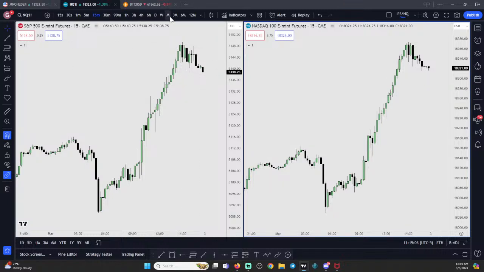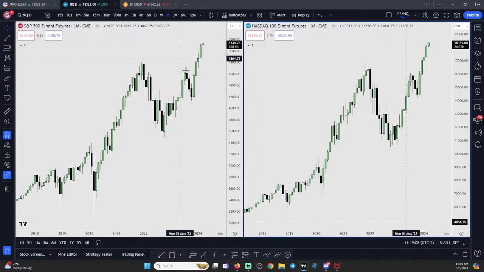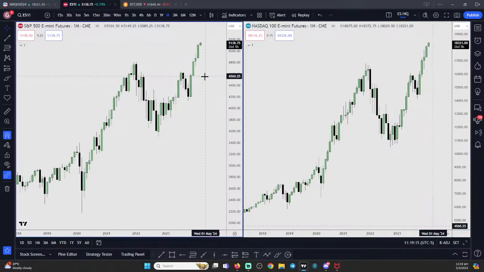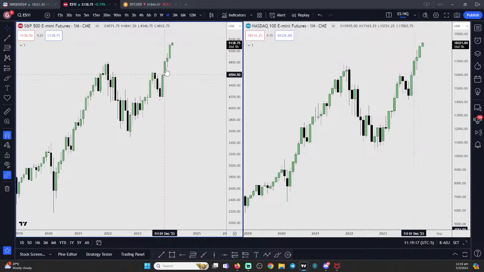Now, because we have just opened up the new candle for the month of March, notice that on both ES and NQ, we don't really have any down close candles that we can use in the vicinity to support the price in case of retracements.